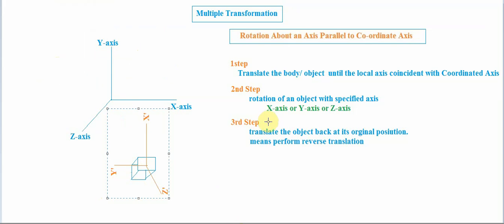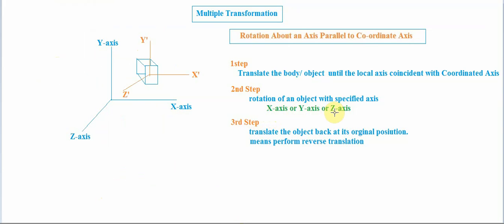It is going to be decided with respect to x-axis, y-axis or z-axis. Are you getting it? So this is what we are going to perform in the rotation about an axis parallel to a coordinate axis.